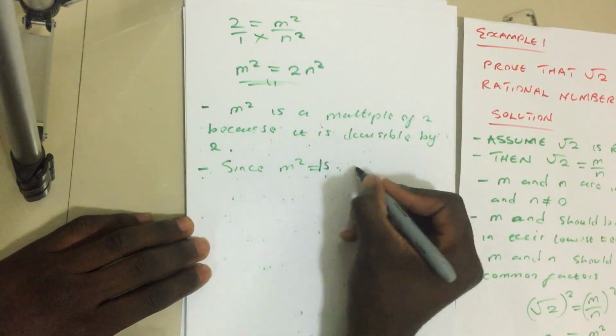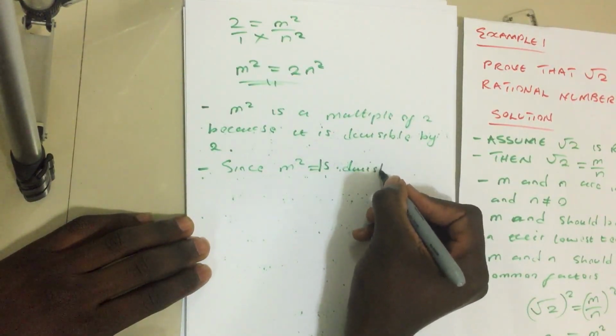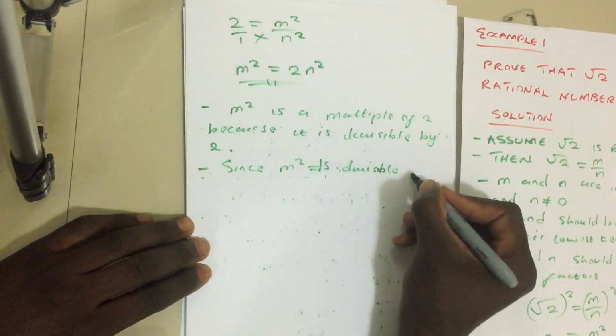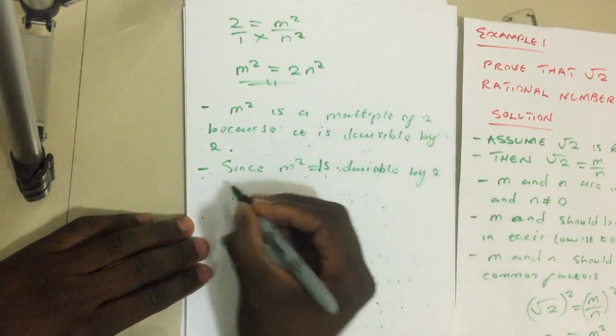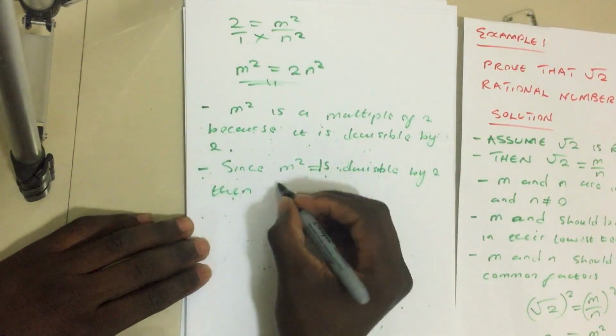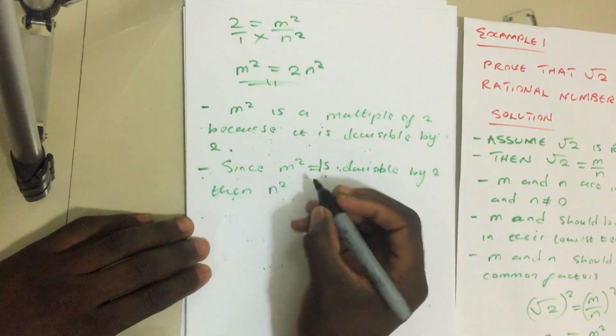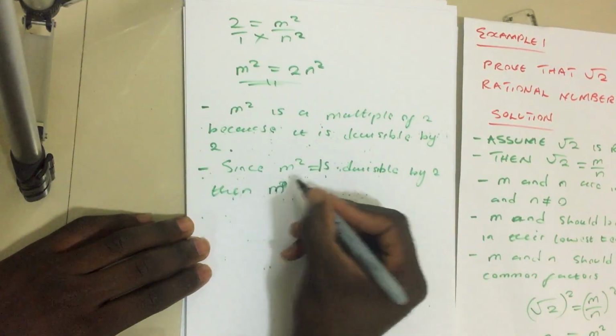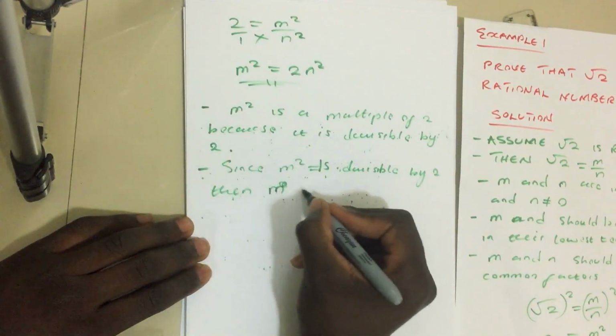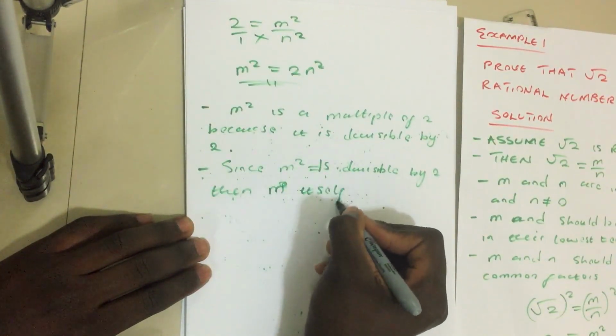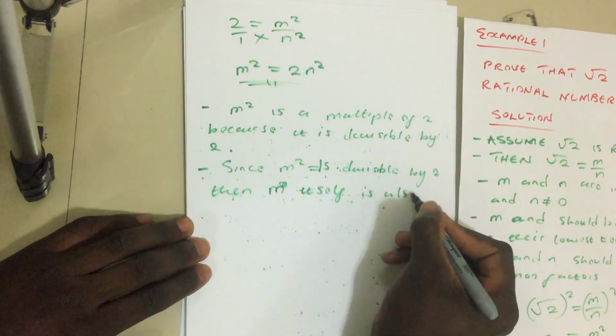Another thing we can get from this expression is that since m squared is divisible by 2, then m itself, not m squared, but m itself, is also divisible by 2.